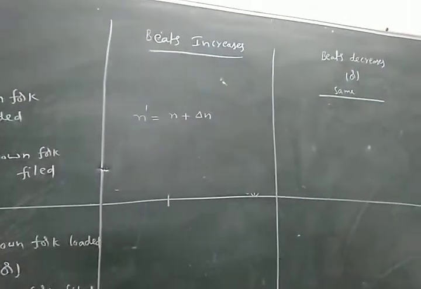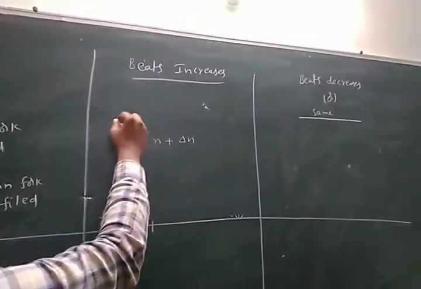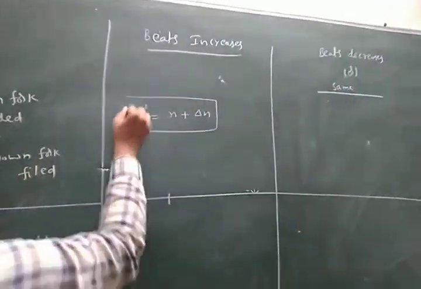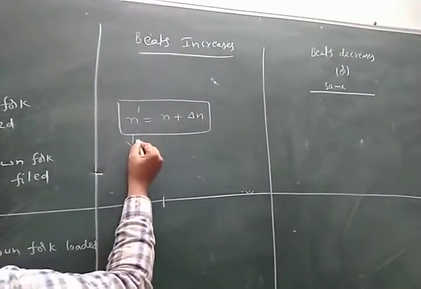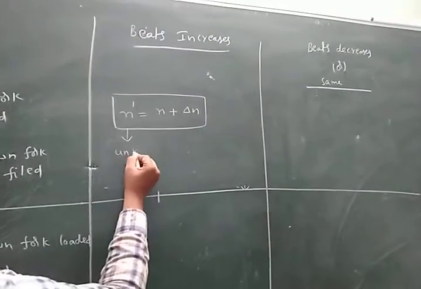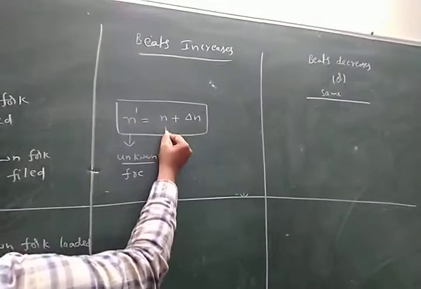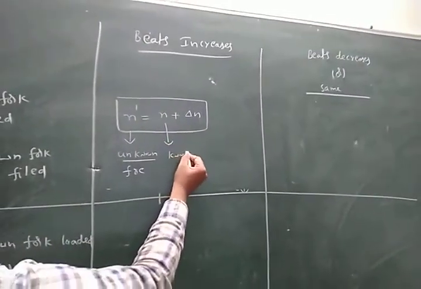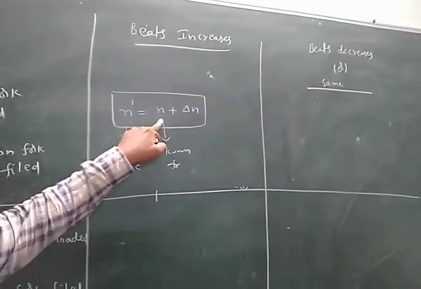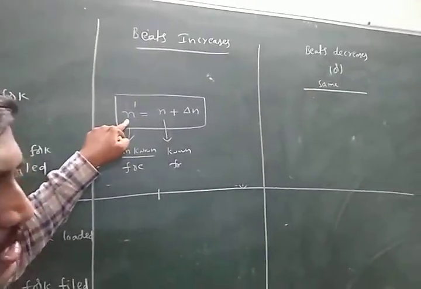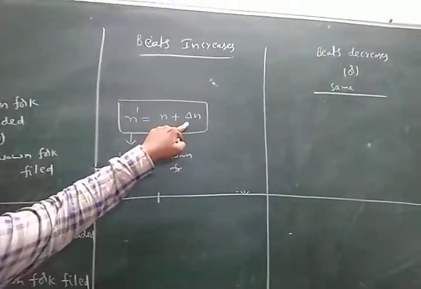Once again I repeat, known fork loaded and beats increase, what is the formula for n dash? n plus delta n. Here n dash is the unknown frequency, which can be determined. n is the known, given frequency. Delta n is the initial number of beats.